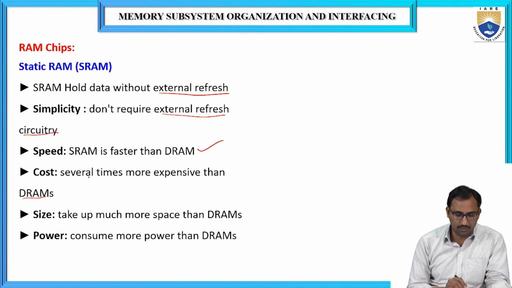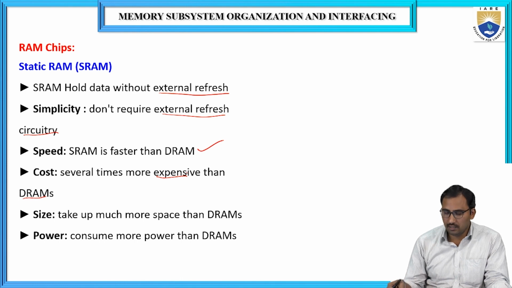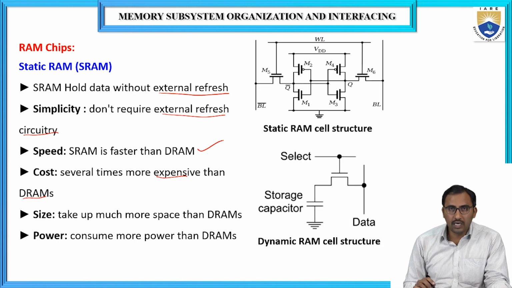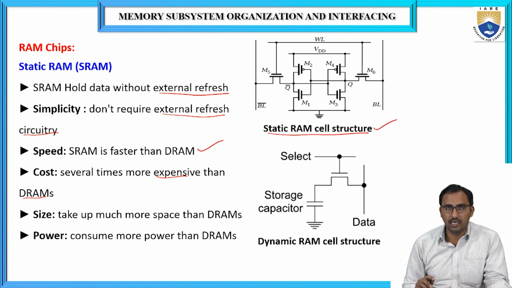It is expensive because to construct the SRAM, we require more components. If you look at the SRAM cell structure, this is the structure of a single cell in the SRAM.